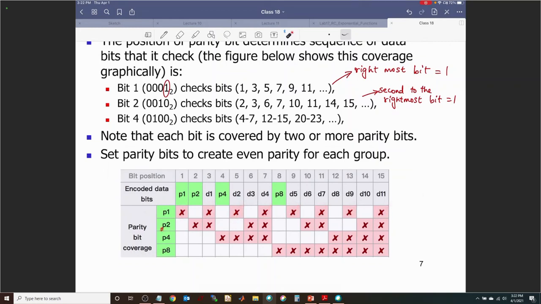And then P2 will be 2, 3, 6, 7, 10, 11, 14, 15, all the decimal numbers in which the second to the rightmost bit is 1. I wouldn't recommend you do this by memory. I would just recommend you use this table for reference.